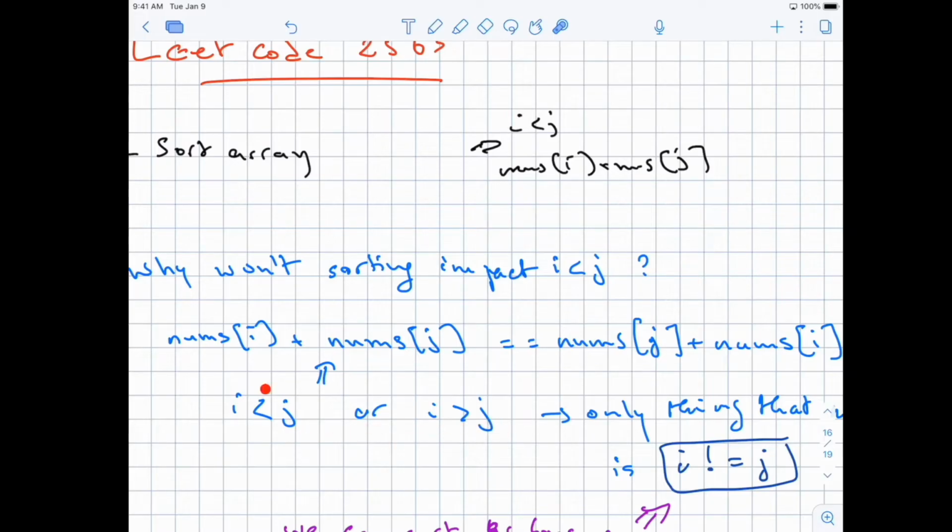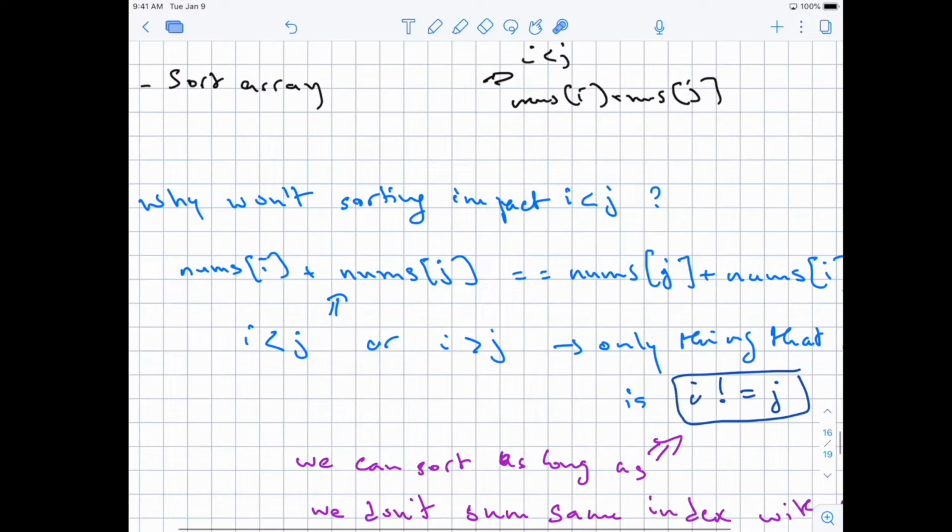All that matters is that they shouldn't be the same index. You can't add the number from the same index, and that's logical, because we want two different numbers as a pair, right? So sorting won't actually impact anything, as long as we don't take the same index twice. Okay, so we established that we can sort.